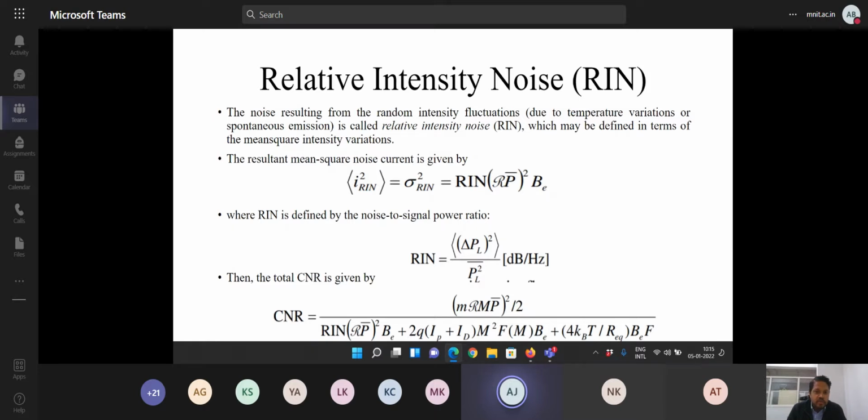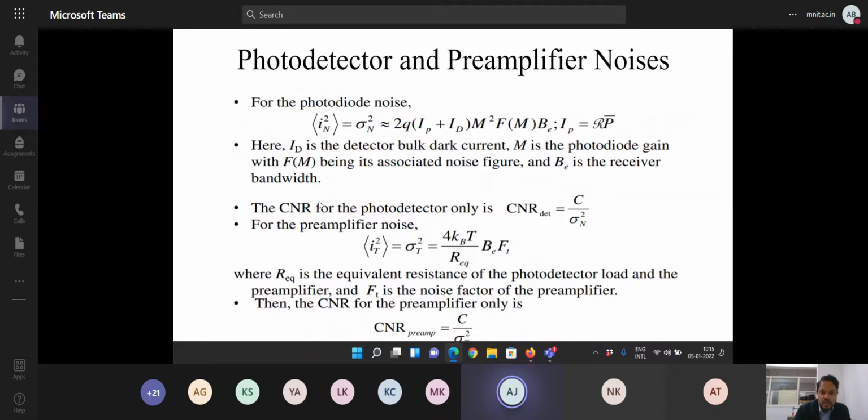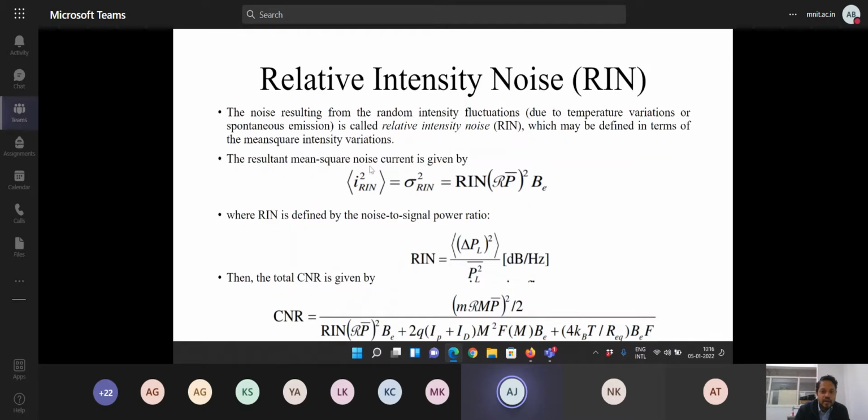So based on the above three noise parameters, which is IN square for photodiode noise, and then IT square for the preamplifier noise, and IRIN square, we come to the total CNR.